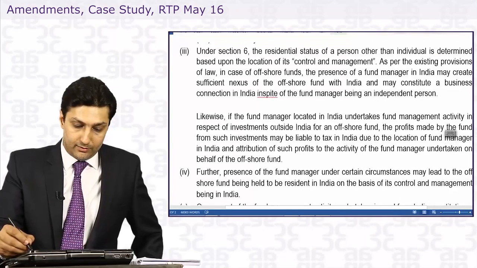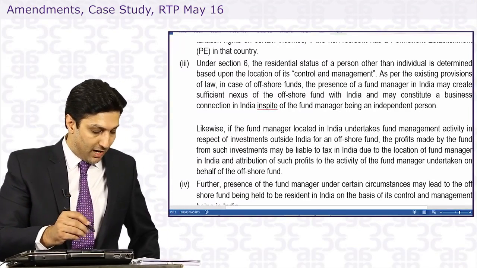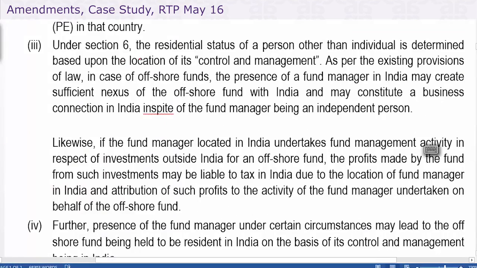So just to give you a reason why the amendment came up, in point number 1, 2 and 3 they have said that, point 3 I am reading with you. Under section 6, residential status of a person other than an individual is determined based upon the location of its control and management.